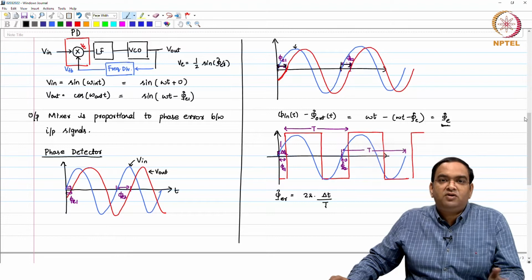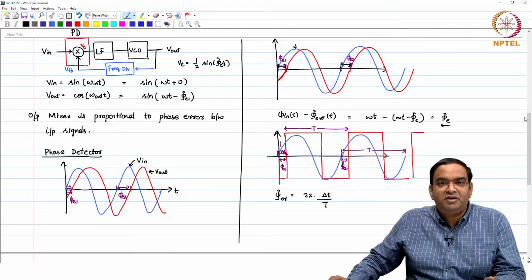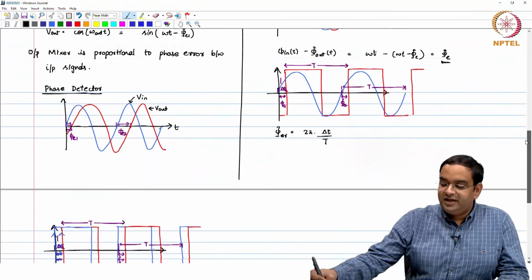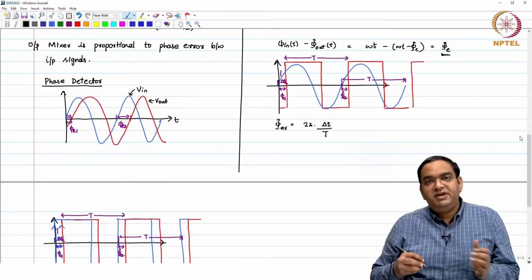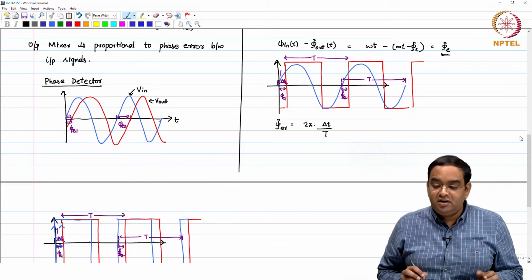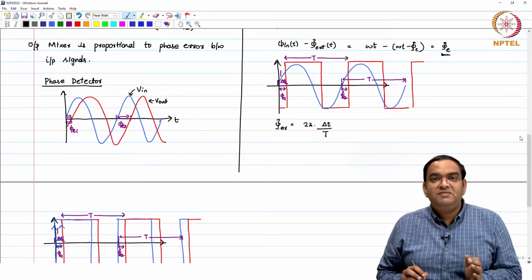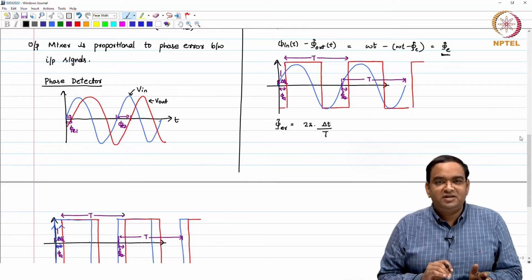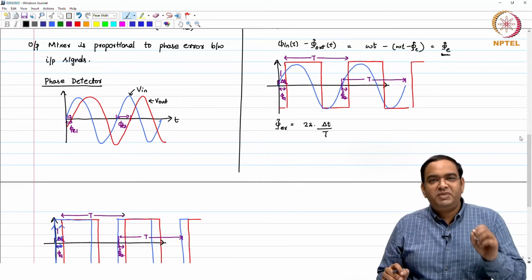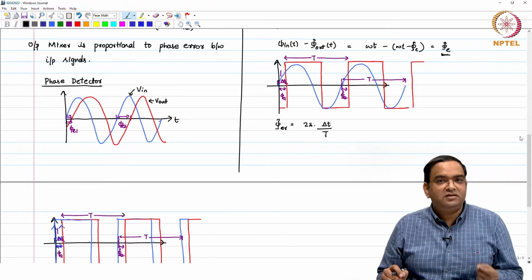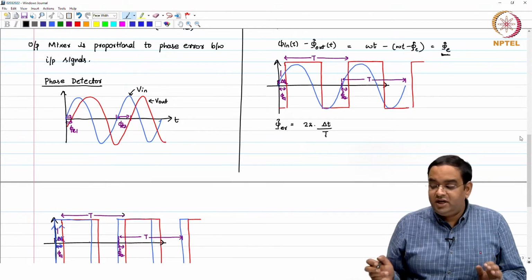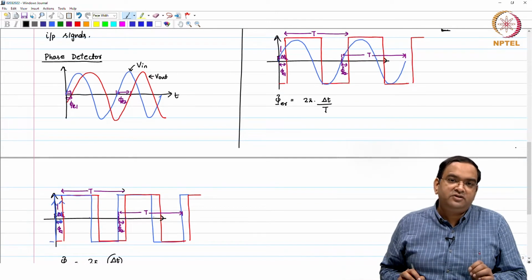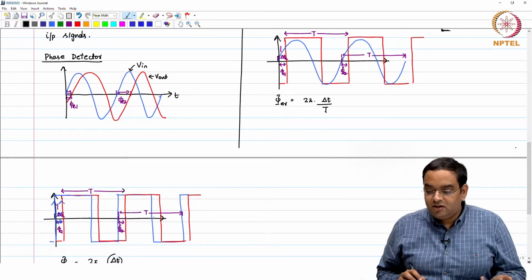But when you have a combination of sinusoidal and square waves, or only square waves which are also periodic signals, then the phase error definition which I am using here is the timing error between the zero crossings of two signals. You can say zero crossing, or you can pick any point, such as the peak of the signals. Because these are periodic signals, whatever you choose is going to repeat every clock cycle.